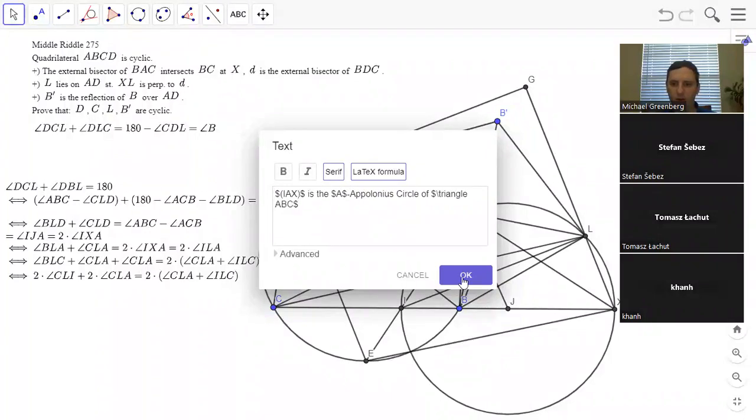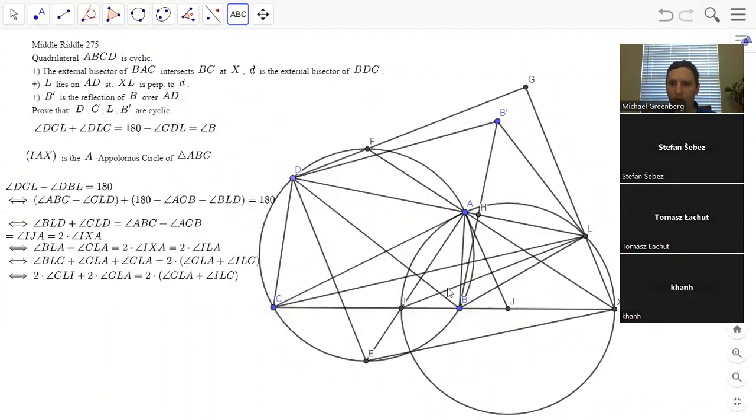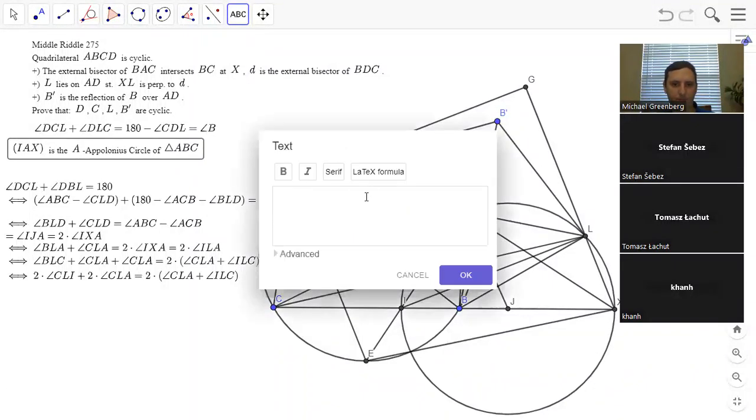And then since ILX is 90, and L lies on that circle, that means that LI bisects BLC.